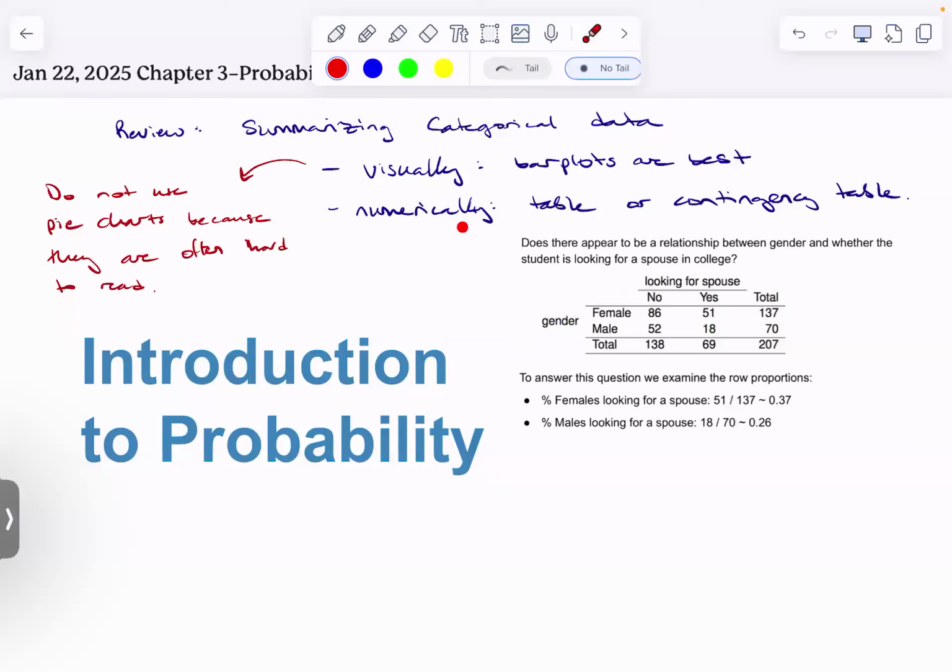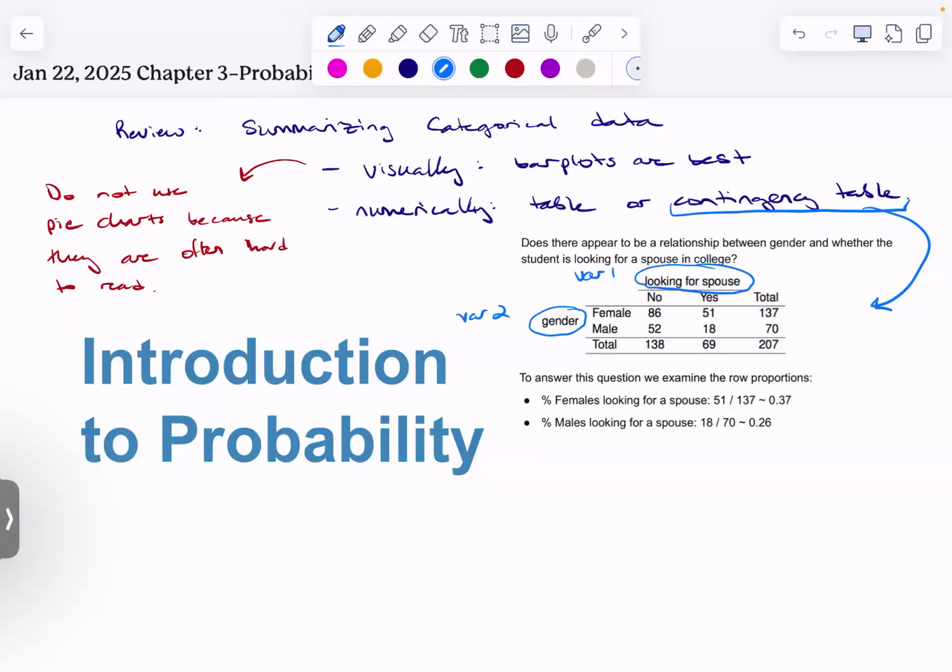To summarize categorical data numerically, we make a table of the counts in the categories, or a contingency table, which is just a fancier table that looks like this. We just talked briefly about this contingency table where we have two variables. Variable one is whether this student is looking for a spouse while at university or college, and variable two is the gender.